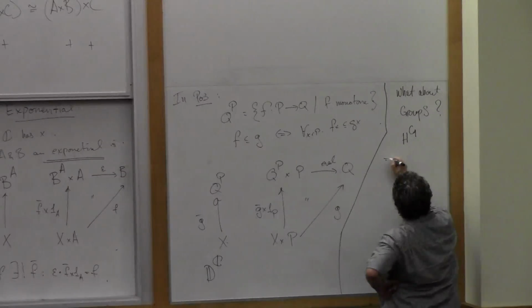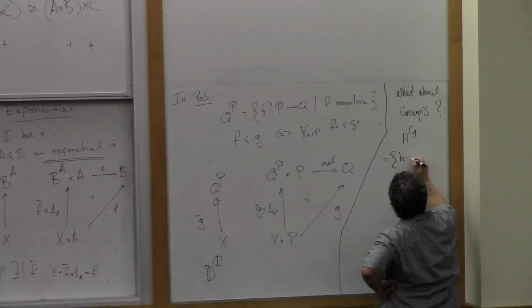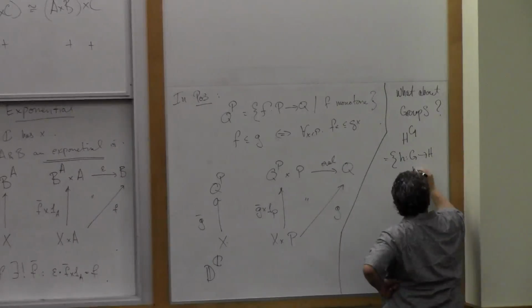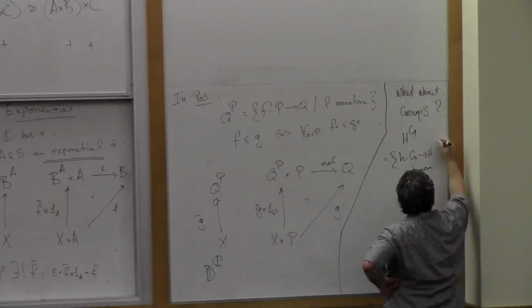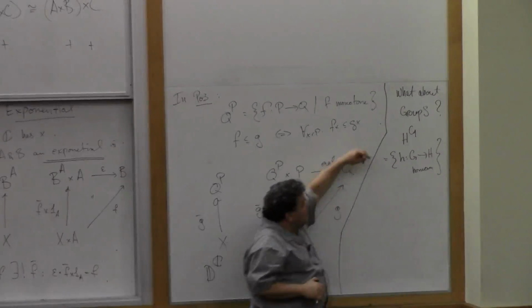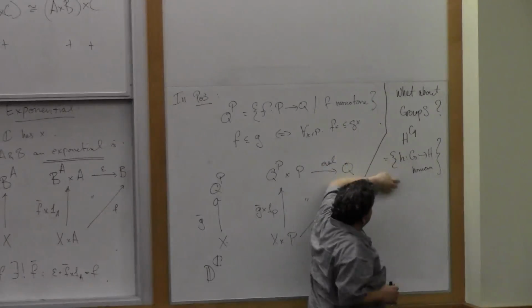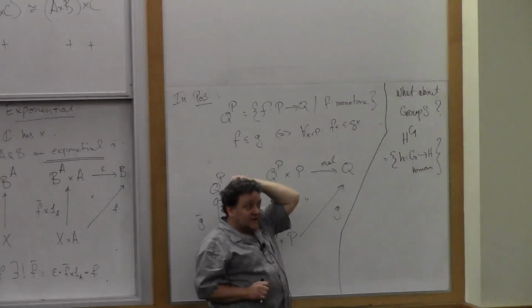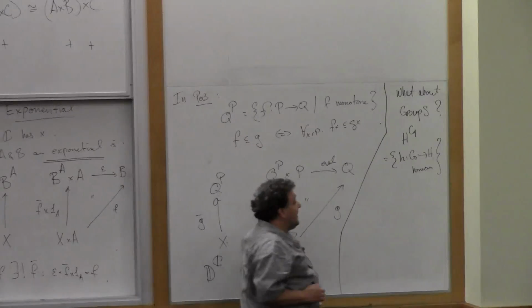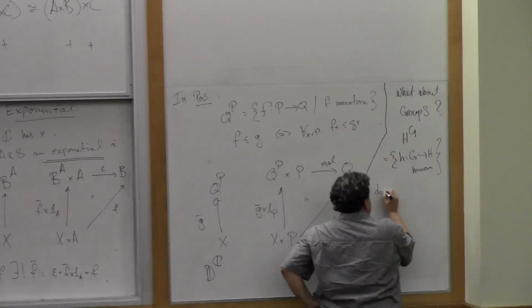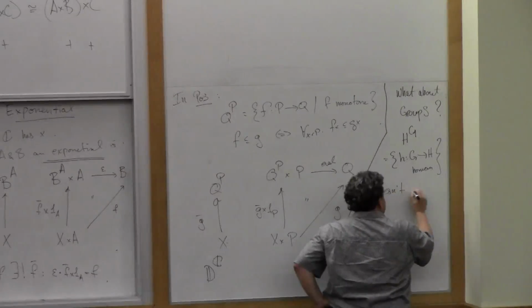Maybe you would try to say it's all the homomorphisms from G into H. And then you'd have to say what the evaluation is and so on. So you could think about that and try to make that work. And the homework exercise is to show that this doesn't work. And there's a trick.